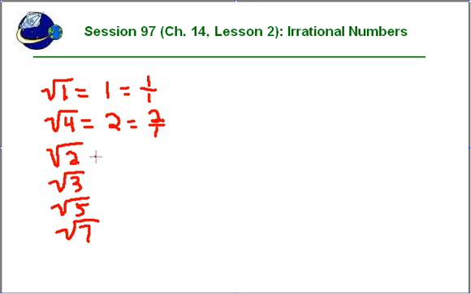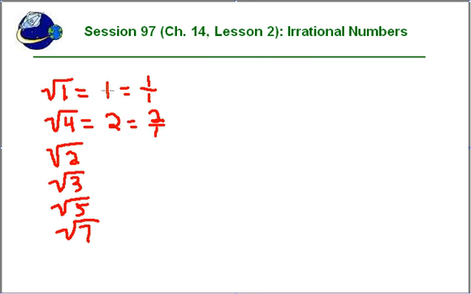In other words, there is no number multiplied by itself that will give us exactly 2, because when you calculate out the square root of 2, the number goes on forever and there's no repeating pattern of digits. It just keeps going on forever and ever with no repetition whatsoever of the digits. So the square root of 2 produces an irrational number, the square root of 3, 5, 7, and so on.